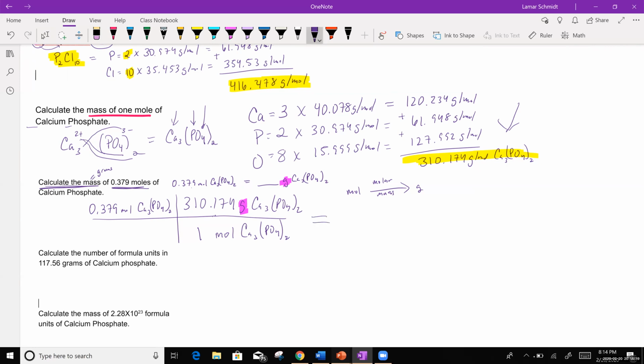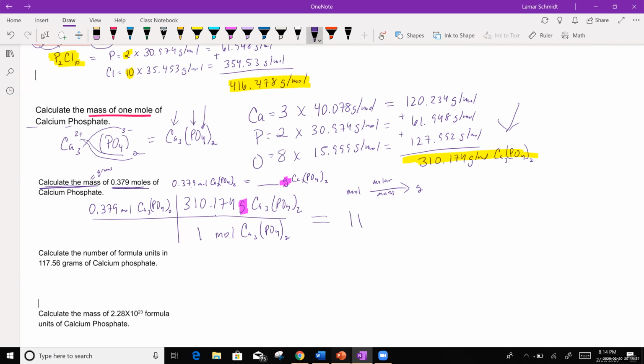I don't have to do any more work. And so I simply take 310.174 and I multiply that by 0.379. And because I only have 1 in the bottom of the bracket, I don't need to divide unless you like to divide by 1, but you would get the same thing.